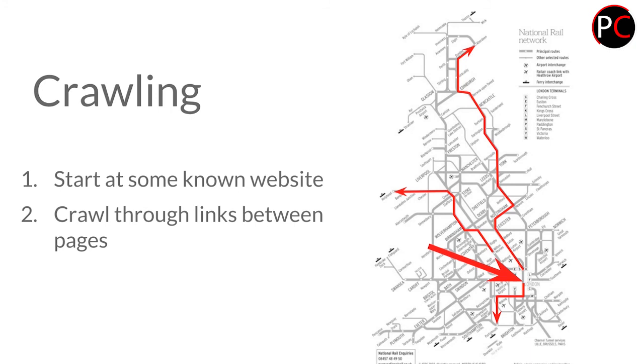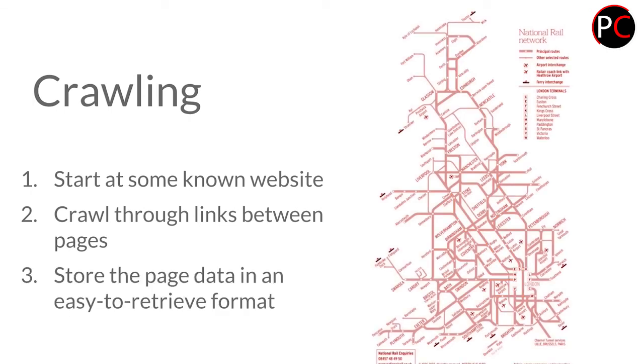So this is the process of crawling, where the search engines are looking to find all of the valuable pages across the internet and save them somewhere. And what they're doing is storing them in an easy to retrieve format.